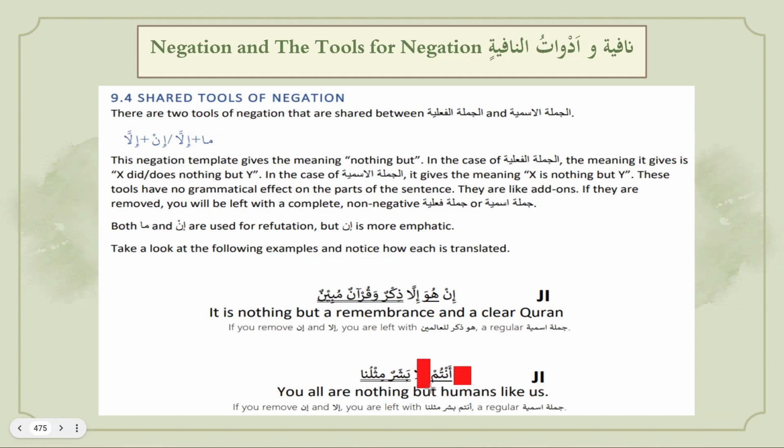Antum basharum misluna. You are all humans like us. But when ma antum comes, then it negates that: you are nothing but humans like us. So this is how these two combinations bring refutation in the sentence.